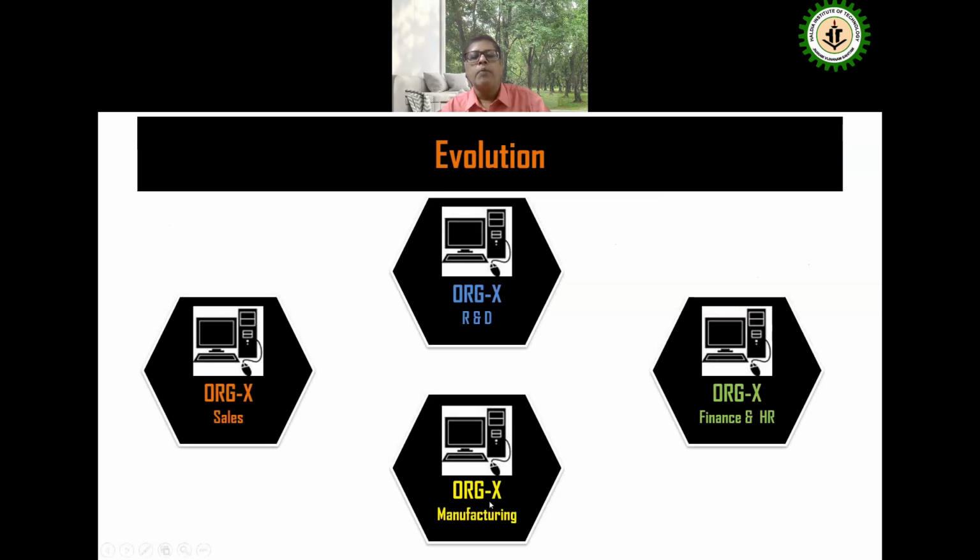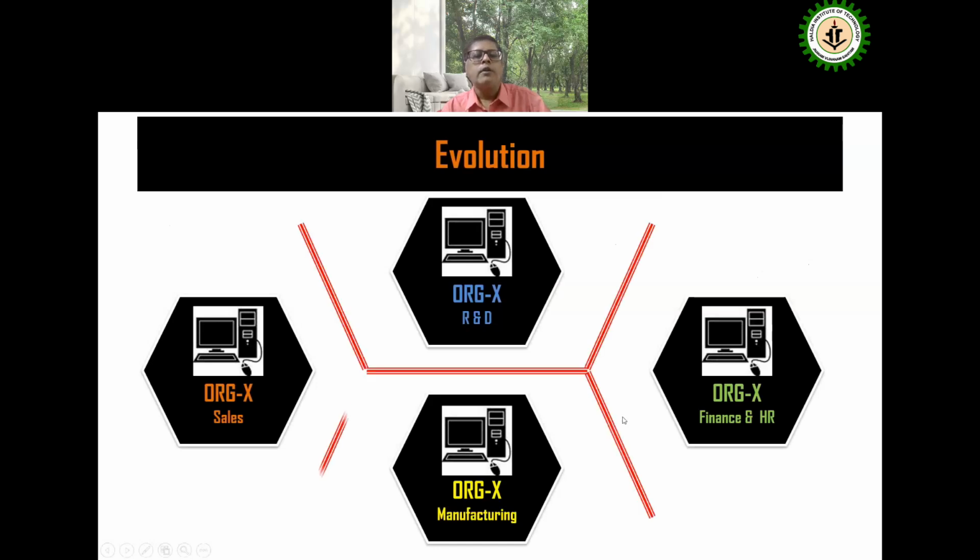Suppose organization X manufacturing is located in India. Suppose the sales organization under the same umbrella, that is organization X, is located at US. The R&D center is located at Australia. Finance and HR is located in England.